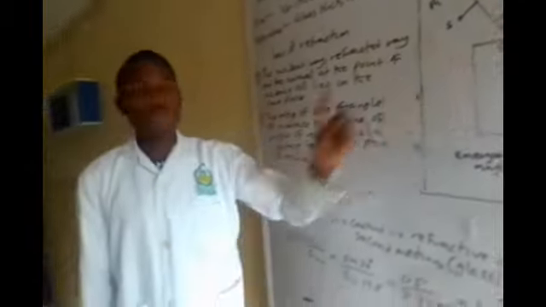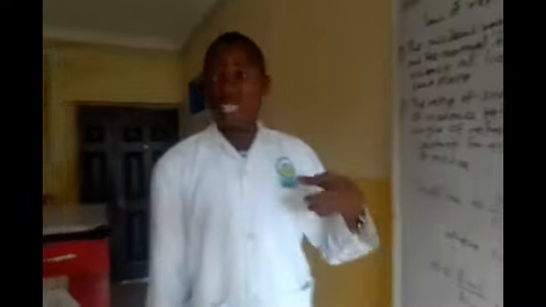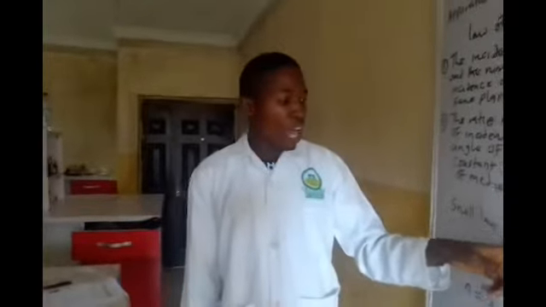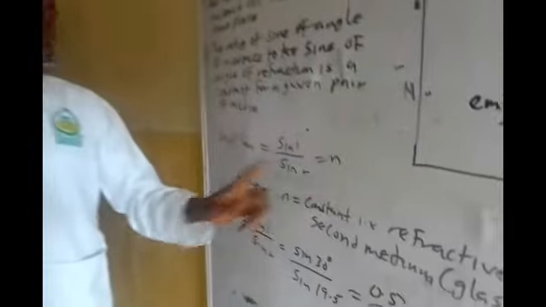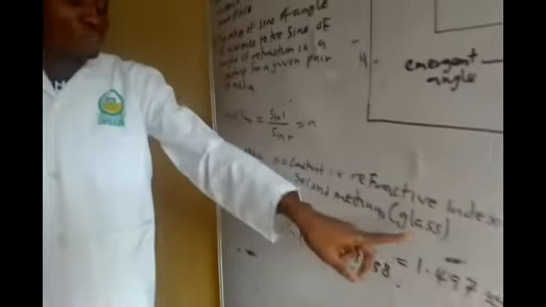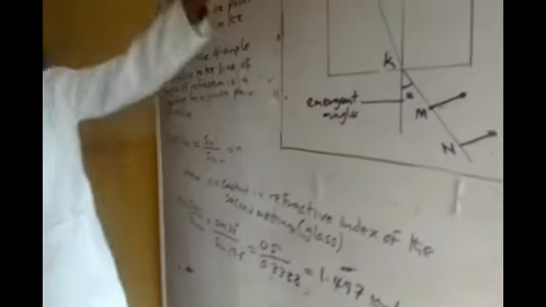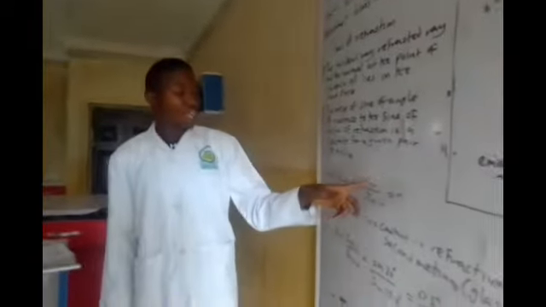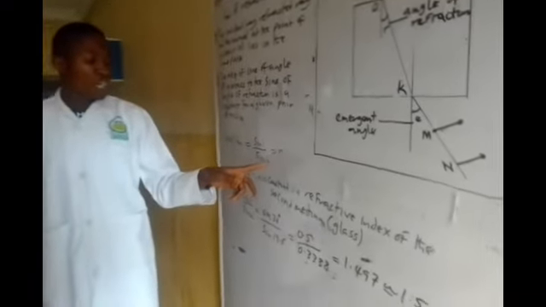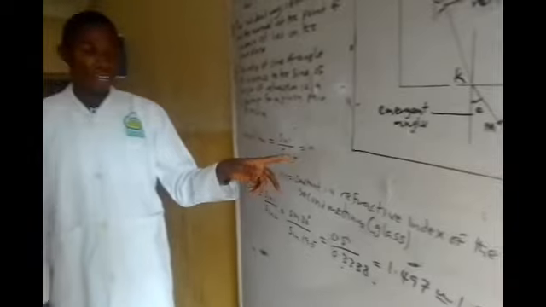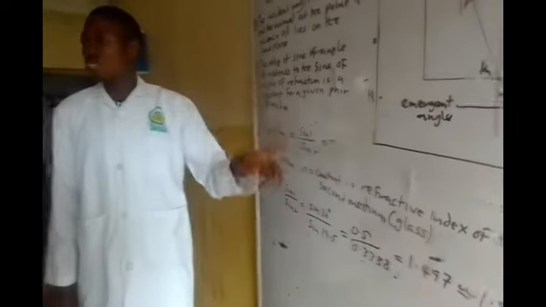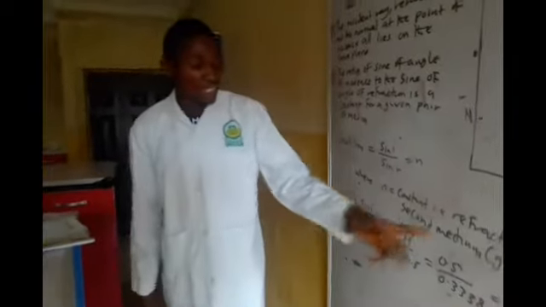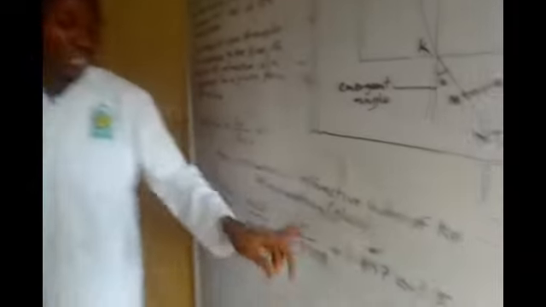The ratio of the sine of the angle of incidence to the sine of the angle of refraction is the refractive index of the second medium, which is the glass, because the ray of light is coming from the air and entering the glass. So that constant signifies the refractive index of the second medium.